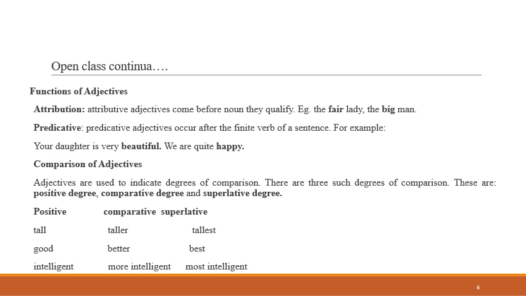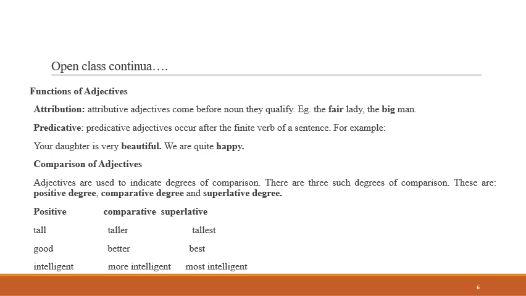Your daughter is very beautiful. Beautiful there is highlighted, meaning it's coming after the finite verb is. Then the second sentence, we are quite happy. Happy coming after what? The finite verb are.